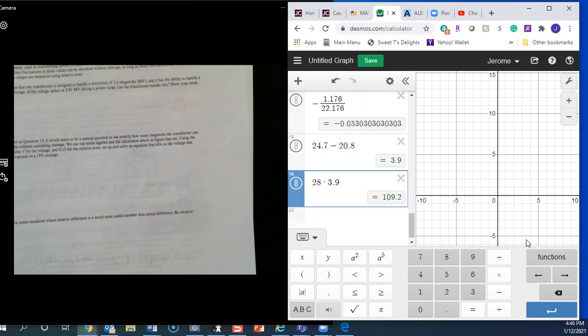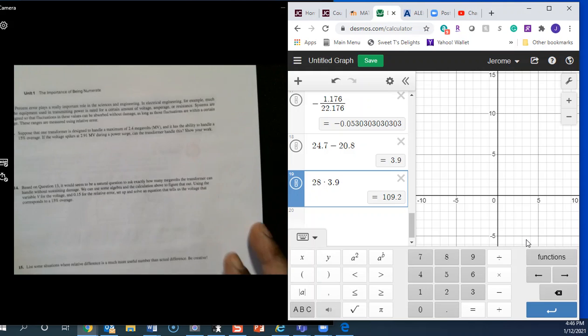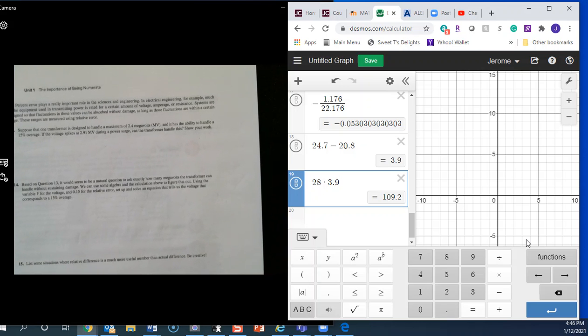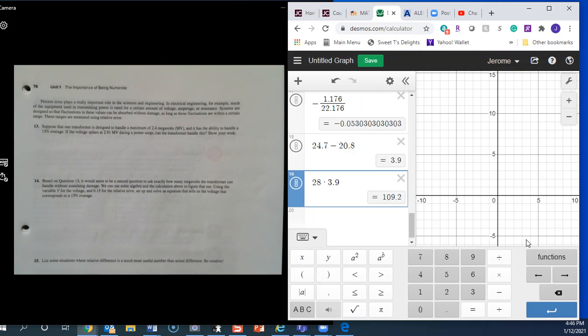Okay, next. Percent error plays a really important role in the sciences and engineering. In electrical engineering, for example, much of the equipment used in transmitted power is rated for a certain amount of voltage, amperage, or resistance. Systems are designed so that fluctuation in these values can be absorbed without damage, as long as those fluctuations are within a certain range.